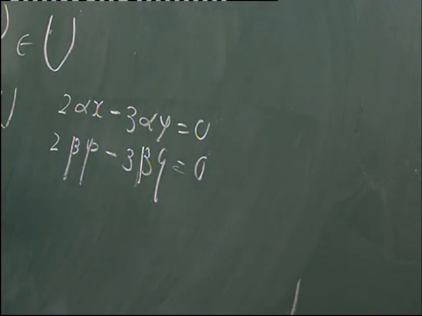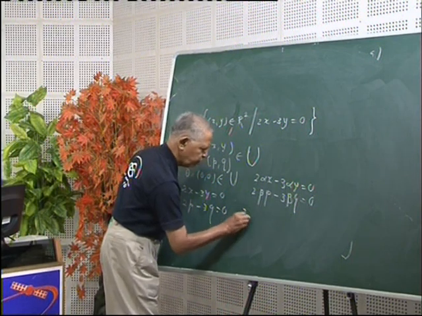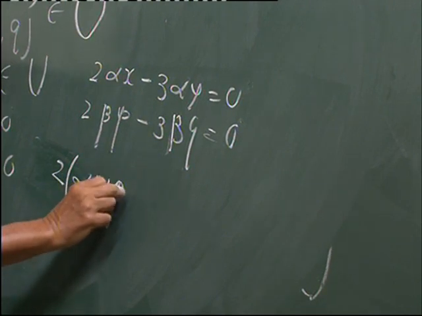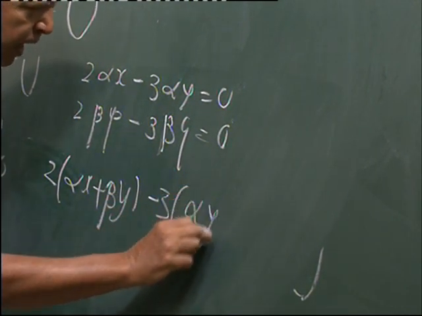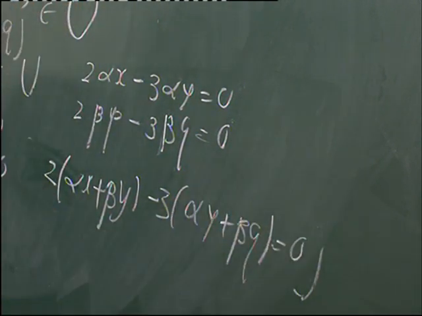Adding this, what we get? 2(alpha x plus beta p) minus 3(alpha y plus beta q) is equal to 0.